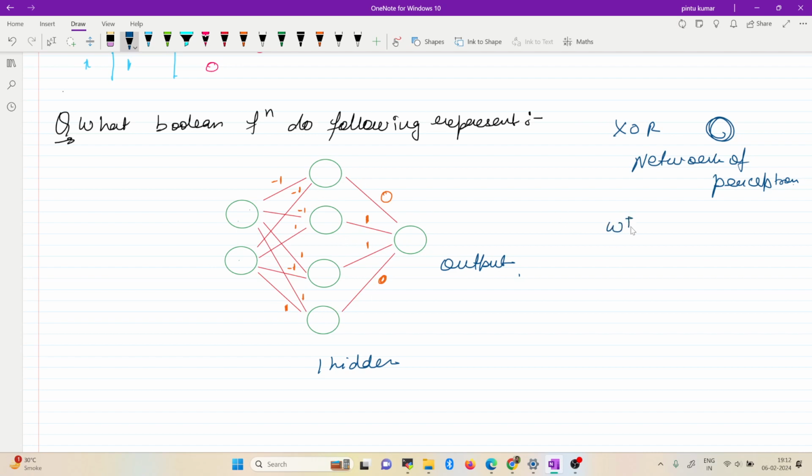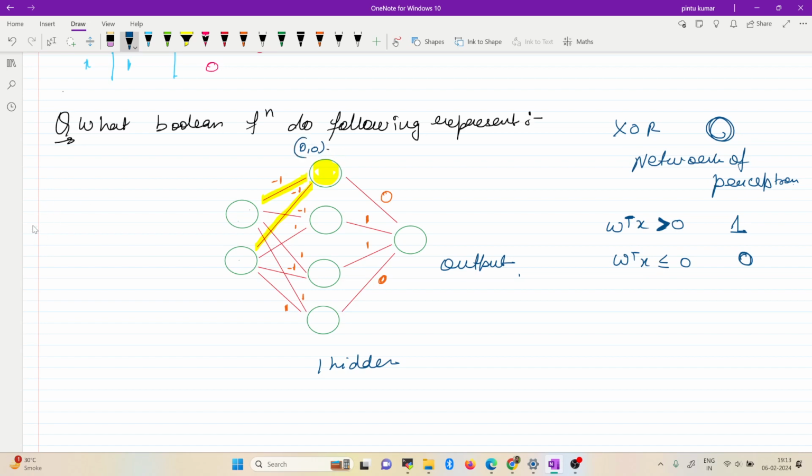So here also we have the same rule: if W transpose X is strictly greater than 0, then my output is 1. If W transpose X is less than or equal to 0, this is strict inequality, then my output is 0. Whatever input you take, this particular quantity would represent your 0, 0 case.